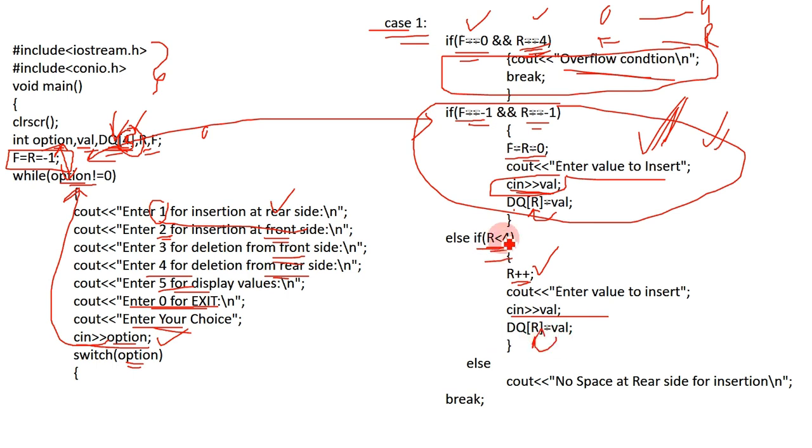And if r is not less than 4, meaning r is 4 or greater than 4, in that case it will show no space at the rear side. It cannot be more than 4 but it can be 4. So if r is equal to 4, it means the rear side is already full, so there is no space at the rear side. A message will be displayed to the user.